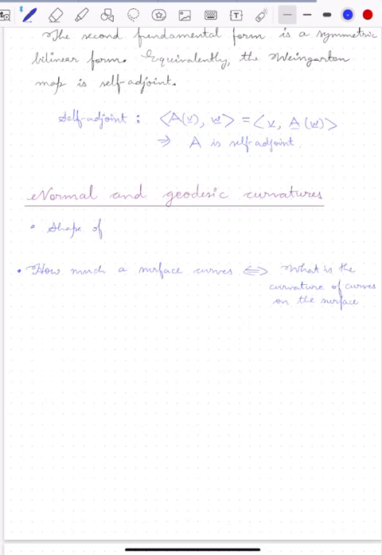So the goal was to say that the shape of a surface influences the curvature of curves on the surface.